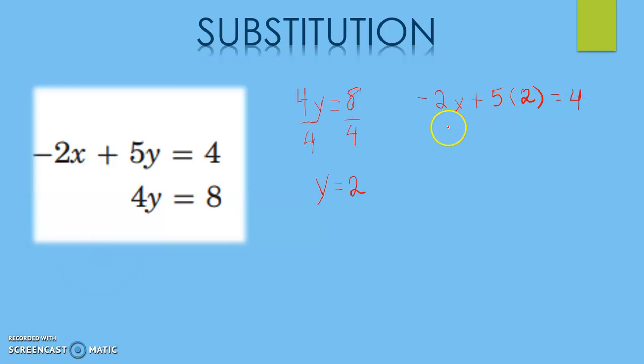Five times 2 is 10, so we have negative 2x plus 10 is equal to 4. We will subtract 10 from both sides.